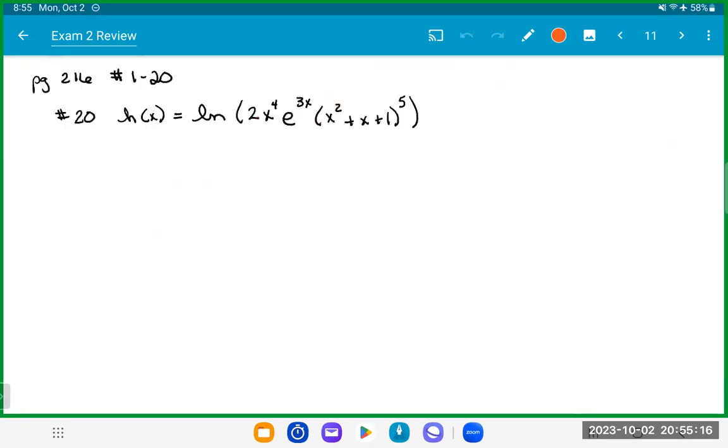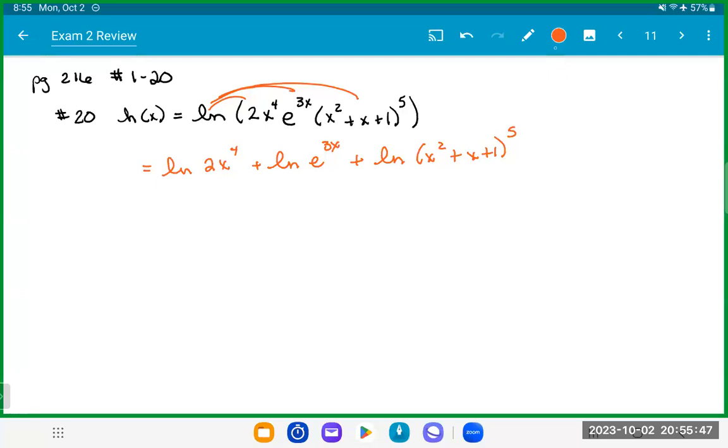So for this next problem, I need to distribute this ln to all of these, right? So I can have the ln to each of those 3 pieces. And so that is the ln of 2x to the 4 plus ln e to the 3x plus ln of x squared plus x plus 1 to the 5.